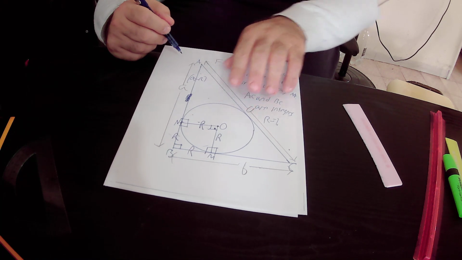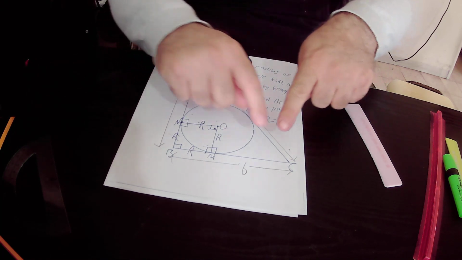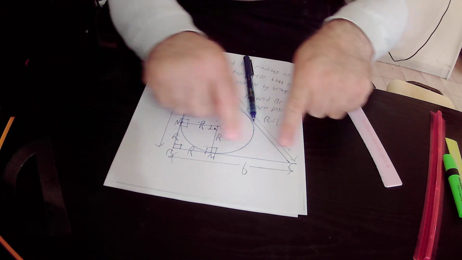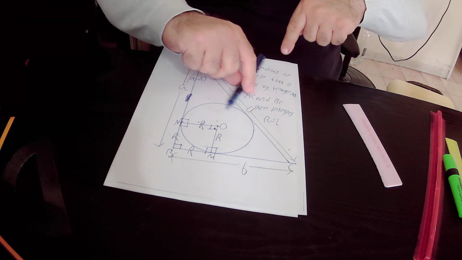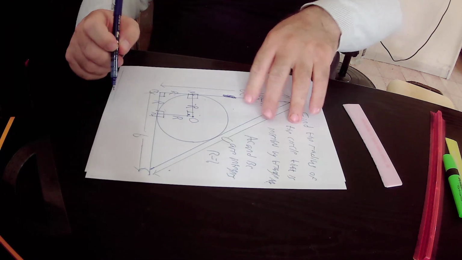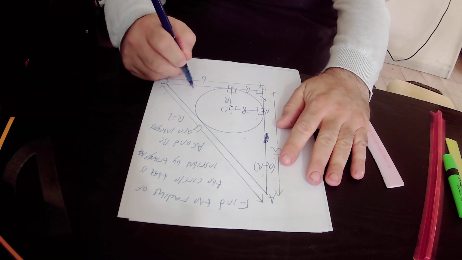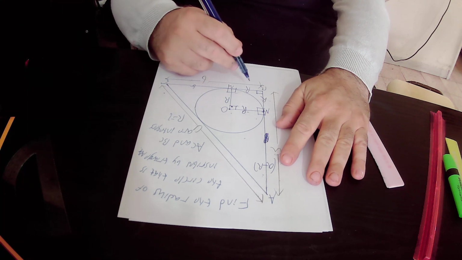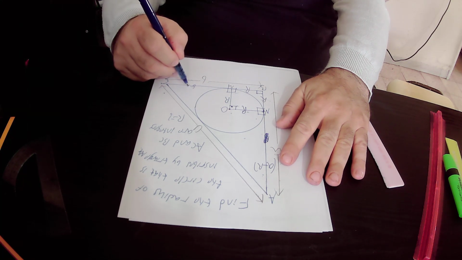From the drawing, it is very easy to see that MC equals BC minus BM. That is to say, MC equals BC, that is B, minus BM, that is R. So in conclusion, MC equals B minus R.